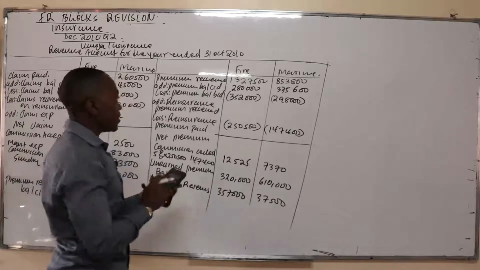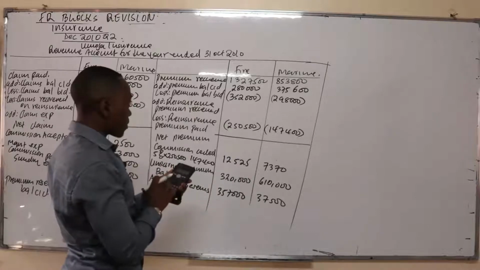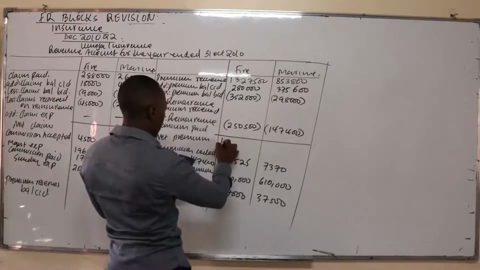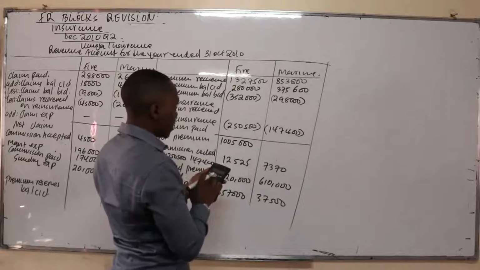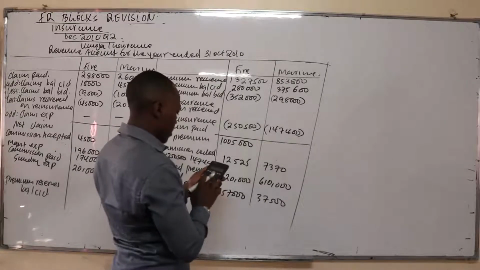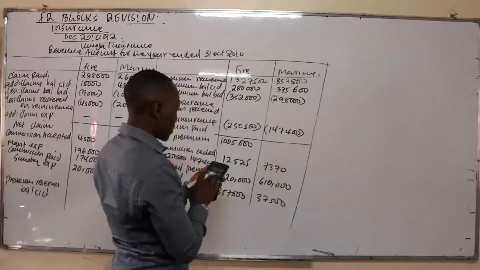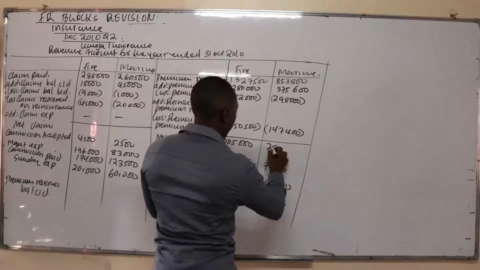So here we have, so here you have 1005. That's what we have. 853, 800. Here you have 784.